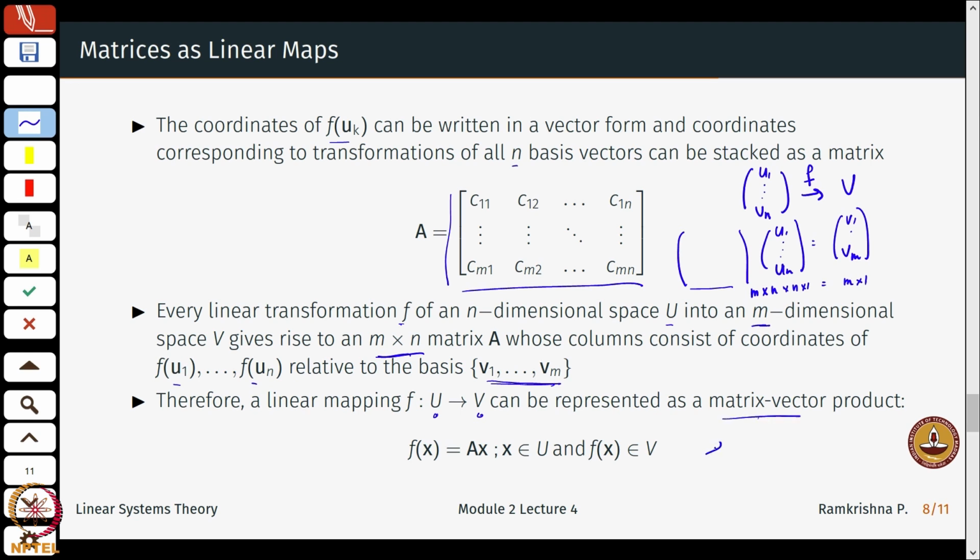So, this f of x is simply A times x, where x belongs to u and A times x will be in v. A times x is this f of x. So, the conclusion here is that the linear map can be represented as a matrix or as elements of matrices.